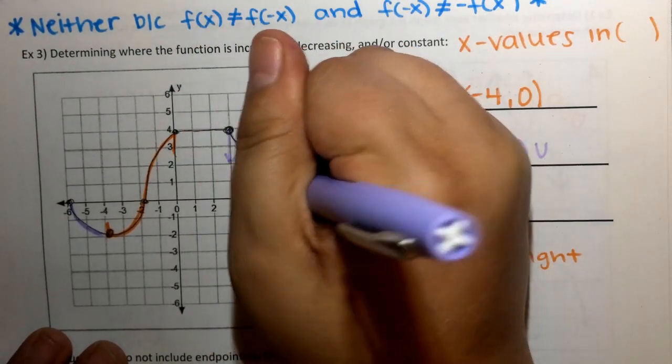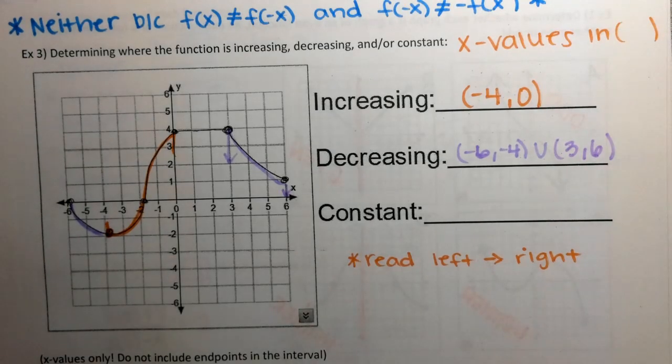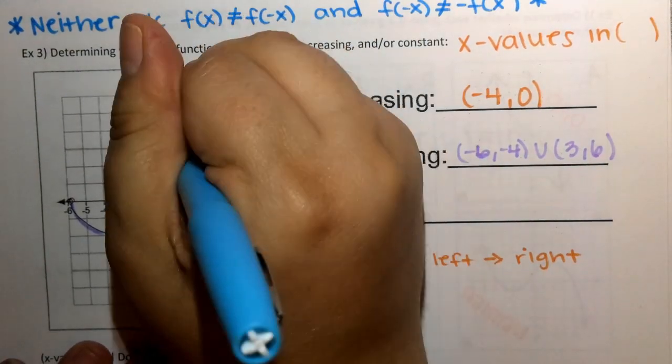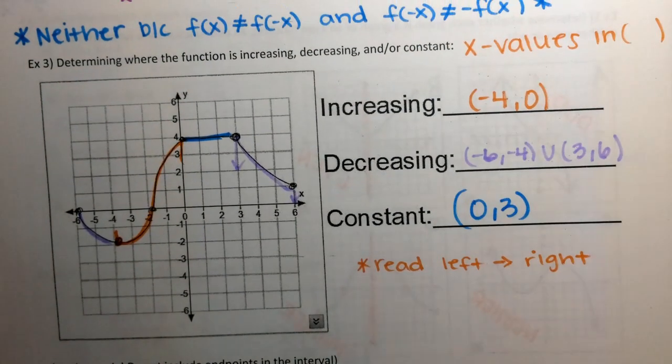Always look at your x values. Last but not least, where is it constant? From where to where? From 0 to 3. X values, intervals, is always going to be parentheses, and you're reading it from left to right.